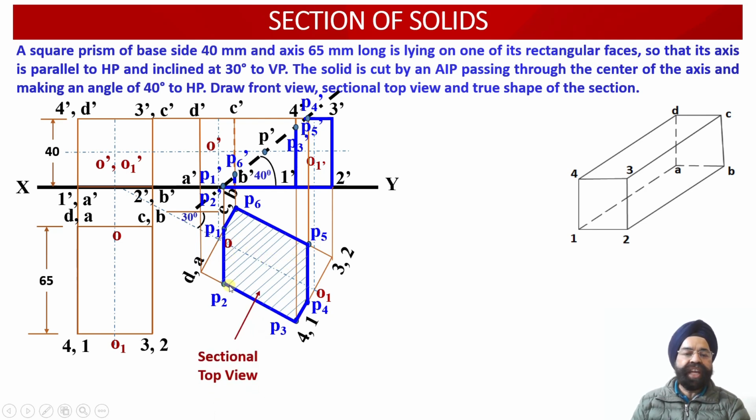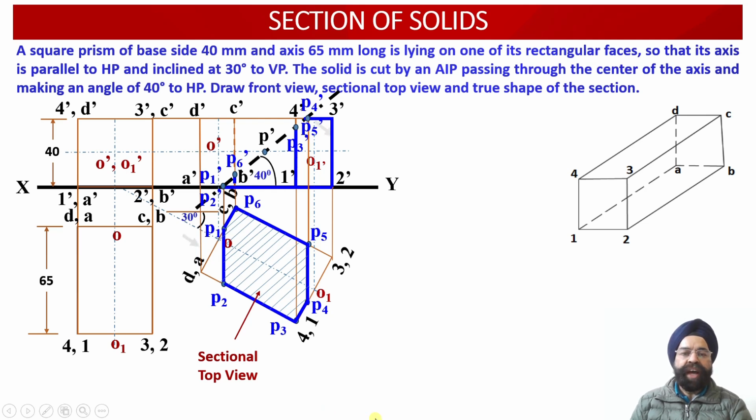Now the sectioning we have carried out, and we can check over here that this portion corresponds to the apparent shape of the cut section of the solid, which happens to be inclined with respect to the horizontal plane at an angle of 40 degrees. Since this cut section is inclined with respect to the horizontal plane, the top view projections corresponding to these 6 points P1, P2, P3, P4, P5 and P6 will represent the apparent shape projections obtained in the sectional top view over here.